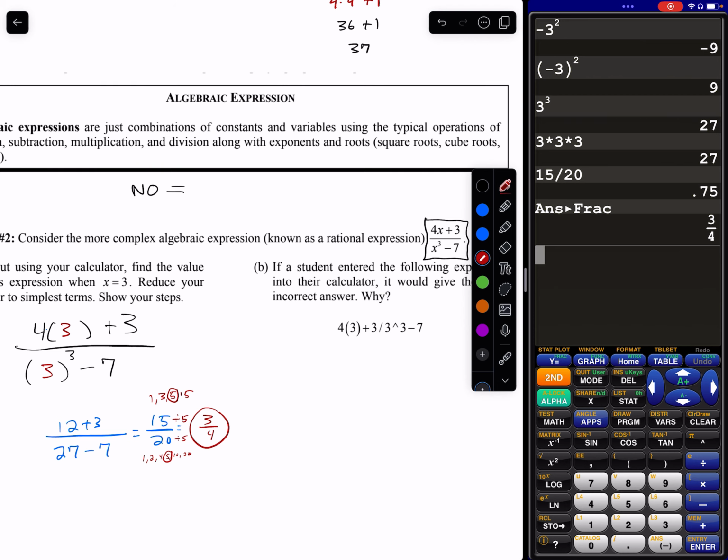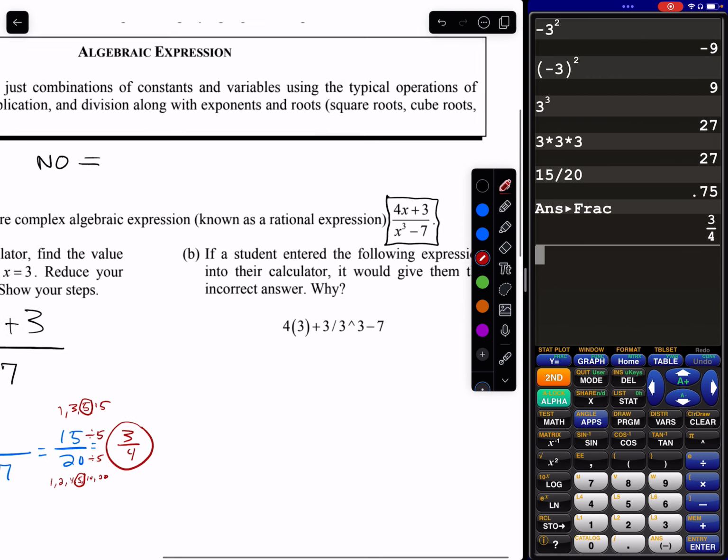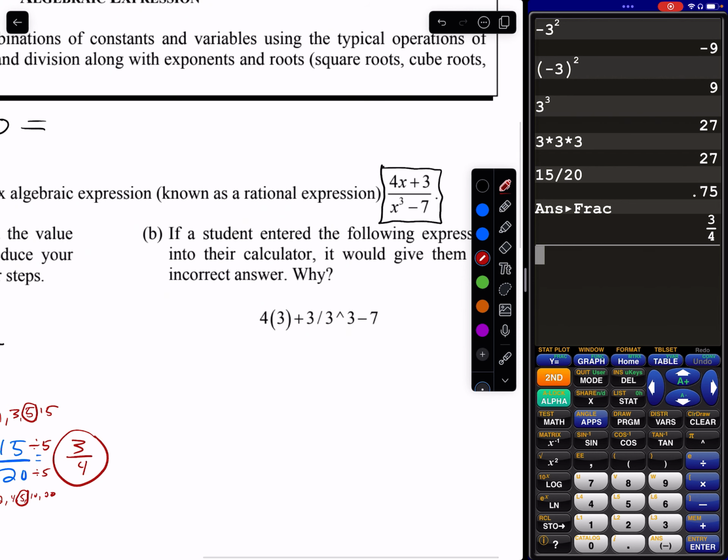So if you enter this directly into your calculator, if I try to do this in our calculator, I've got 4 times 3 and then plus 3, because that's what's on the top, and then I do divided by 3 raised to the third power minus 7. If I just enter this directly into my calculator like that, it's going to cause me an error because our calculator is going to read it a little bit differently.